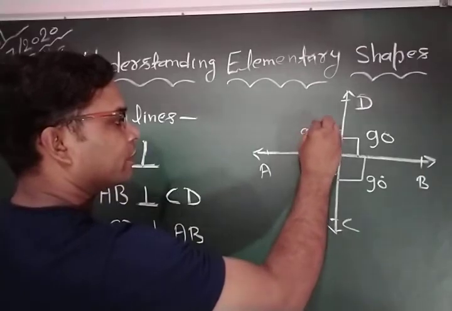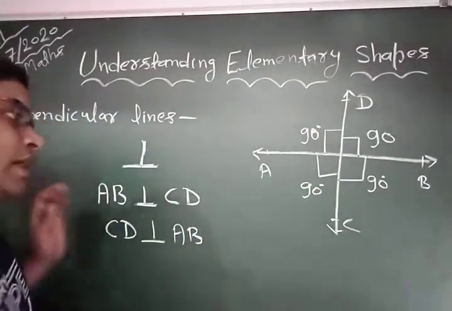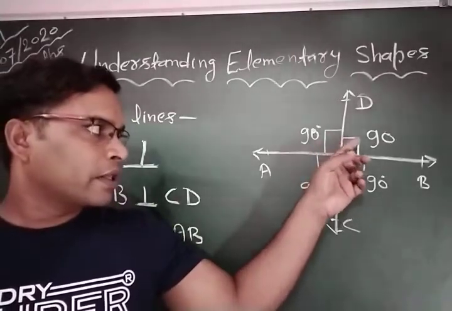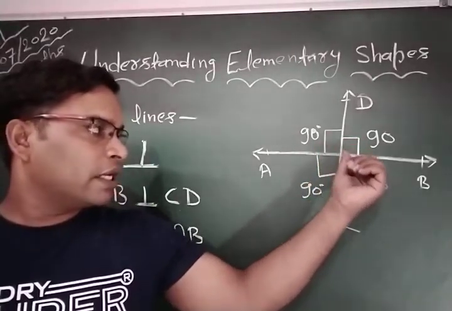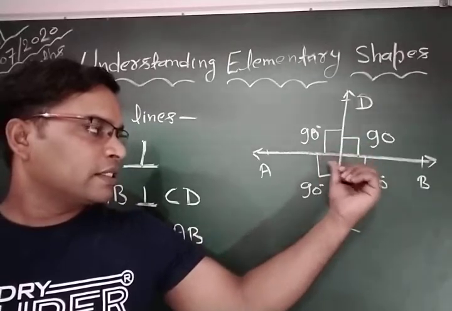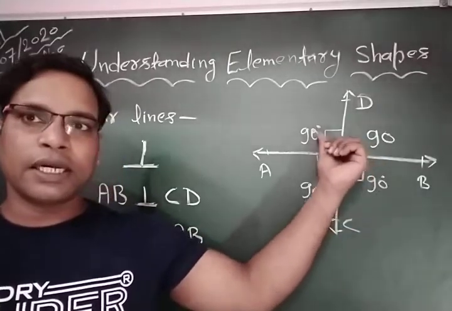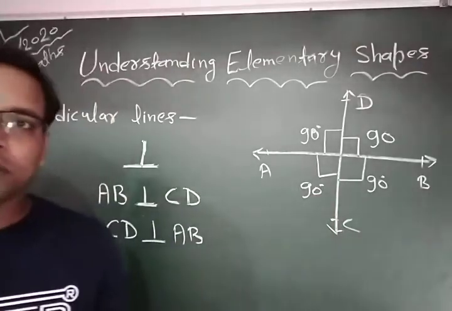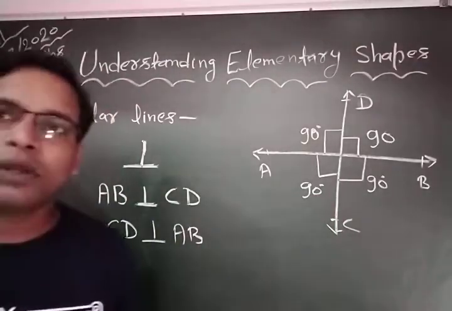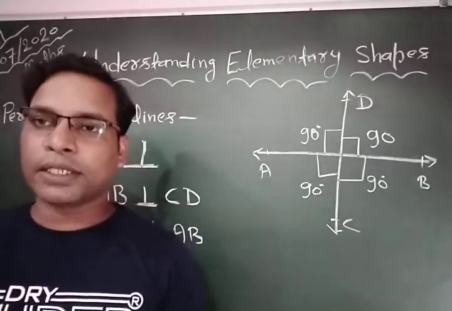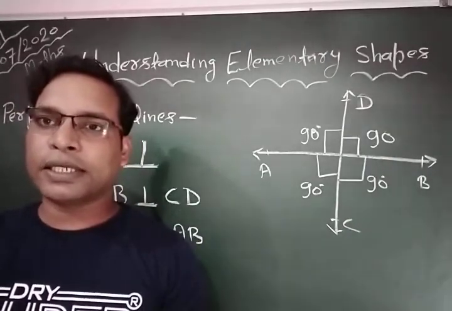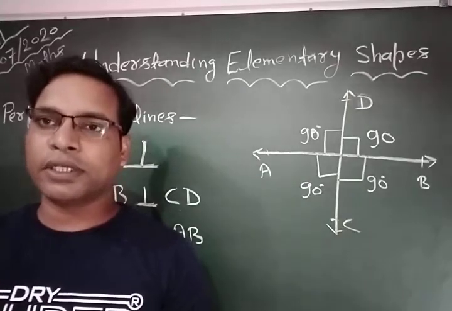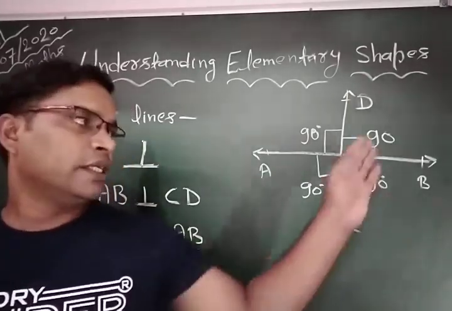If two lines are perpendicular to each other, each angle made by these lines is a right angle, 90 degrees. Now I hope all of you understood what perpendicular is. Two line segments or two lines that intersect each other at a right angle are perpendicular to each other. Right angle means 90 degrees.